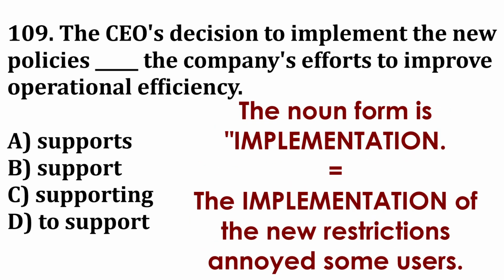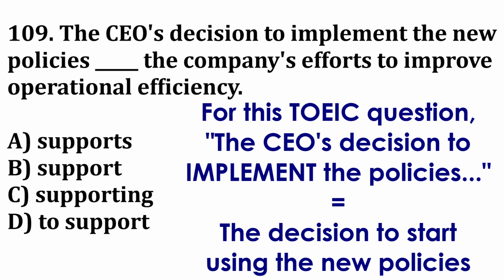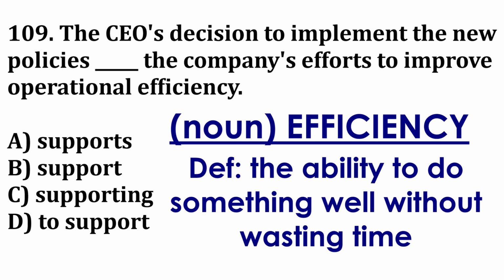Now, the noun for implement is implementation. So we can see the CEO's decision to implement the new policies, so start using these policies, will improve operational efficiency. Now, efficiency is the ability to do something well without wasting time.